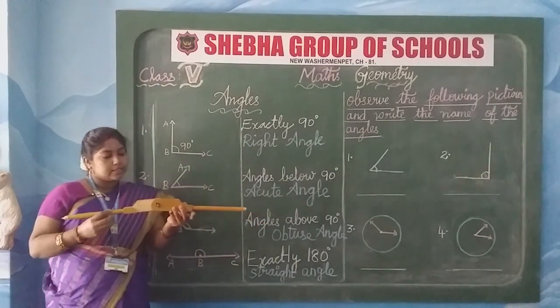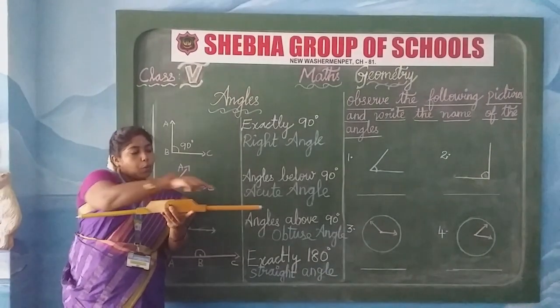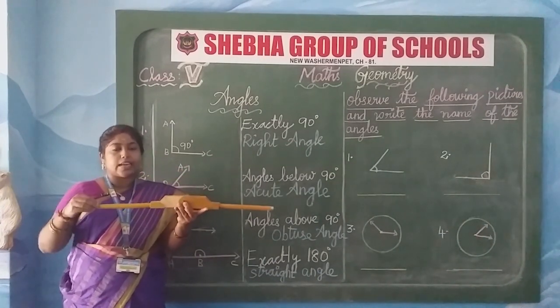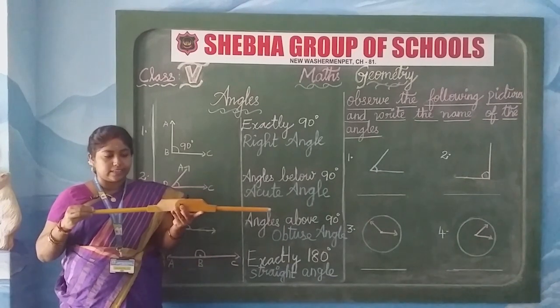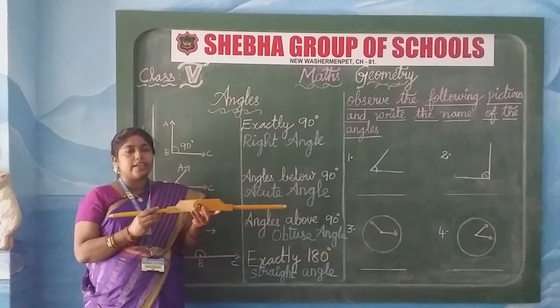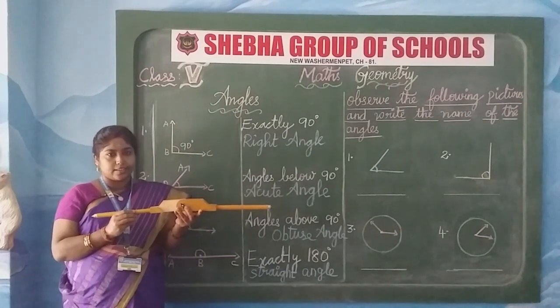An angle which measures 180 degrees, a straight line, is called a straight angle.